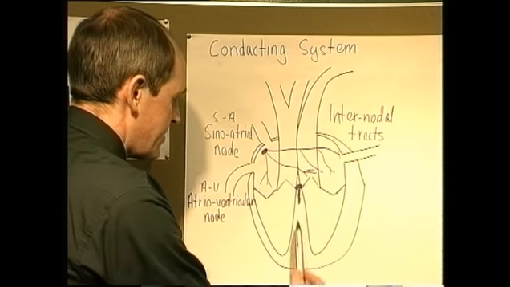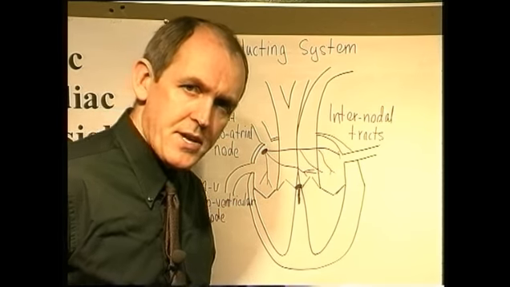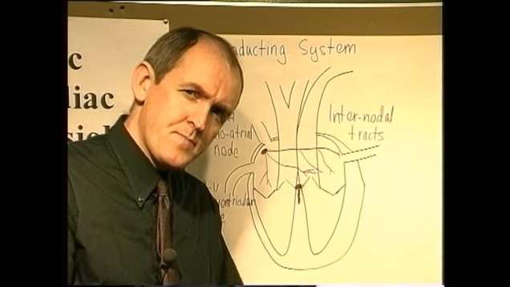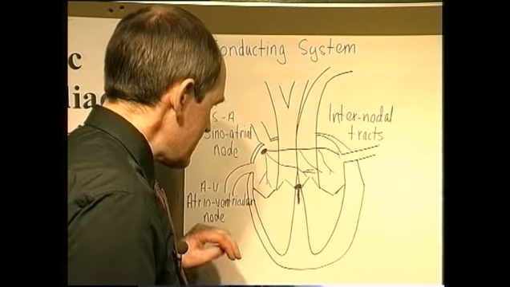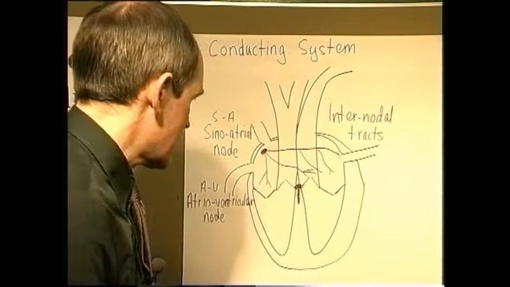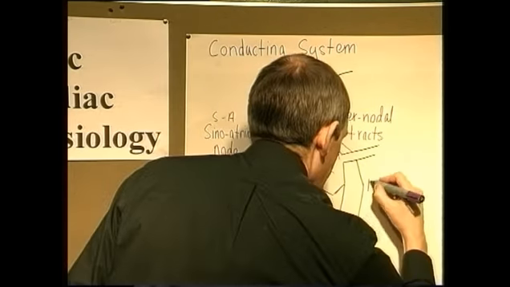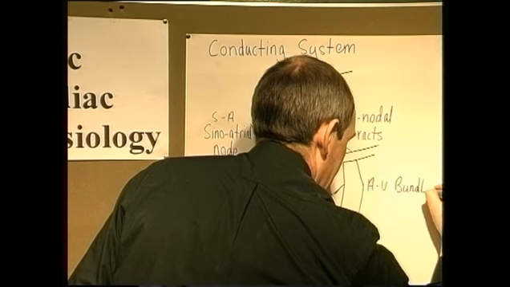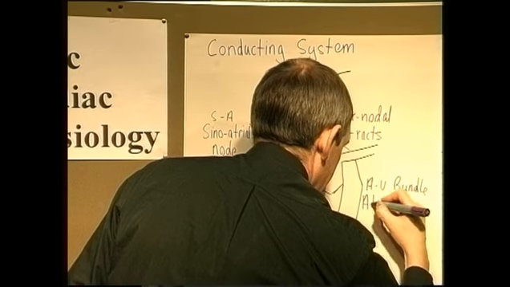Now this is usually referred to as the Atrioventricular Bundle. It's a bundle of specialised conducting fibres which carries the impulse from the atria down into the ventricles. So it's sometimes called the AV bundle or the atrioventricular bundle.